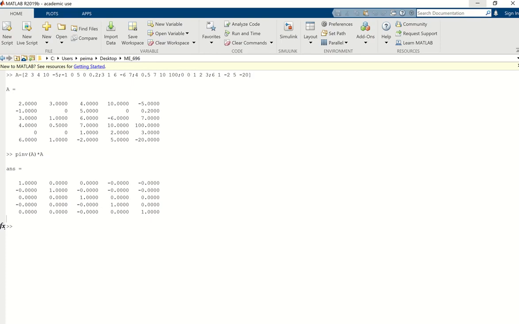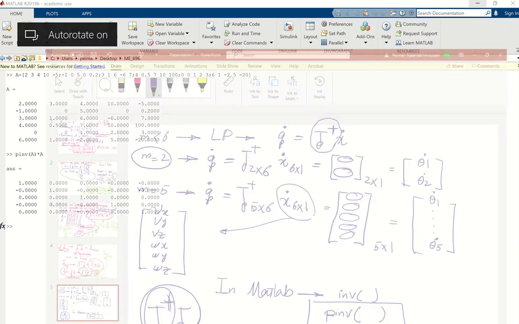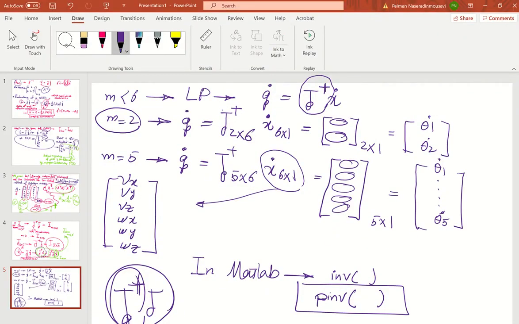You understand? So this is for when the number of degrees of freedom of the robot is smaller than the coordinates or motions in your space. Coordinates in space can be 2D space or 3D space.